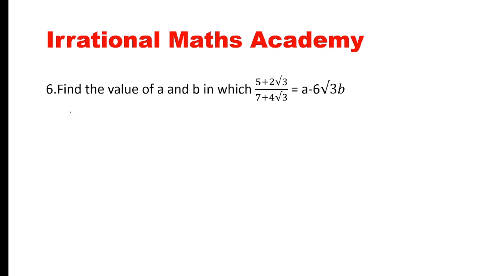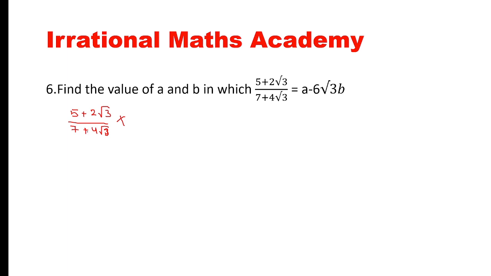So 5 plus 2 root 3 upon 7 plus 4 root 3. Why do we rationalize? To remove the root from the denominator. So we are rationalizing the denominator.